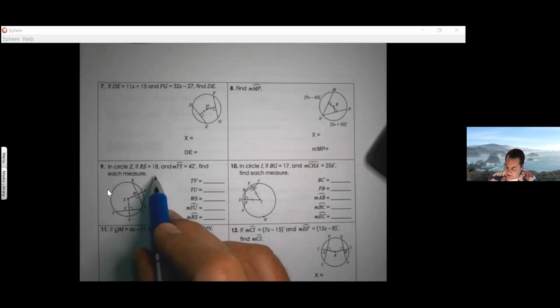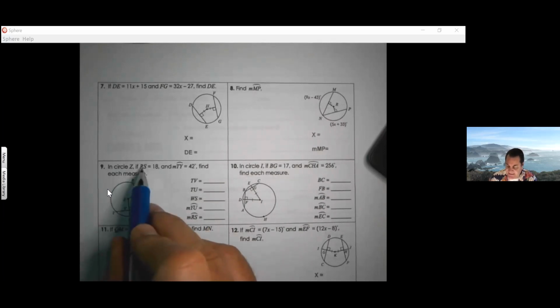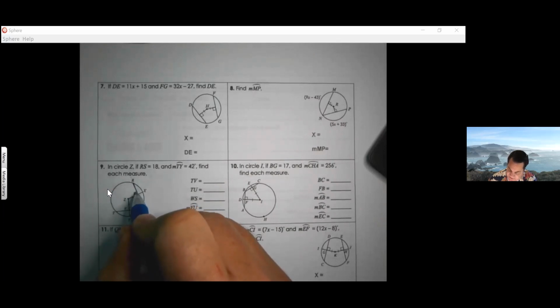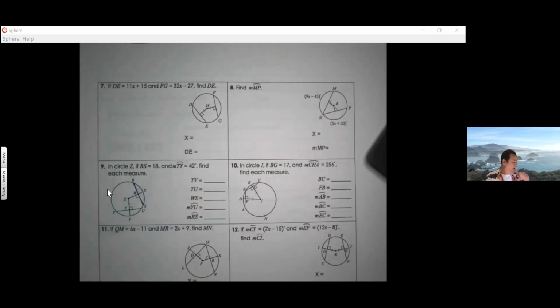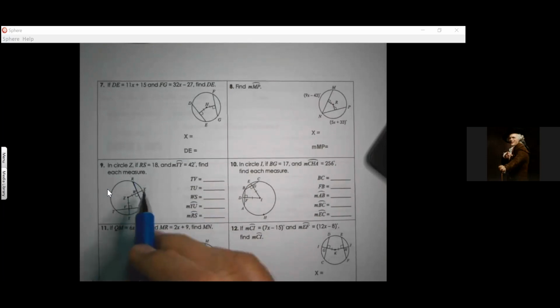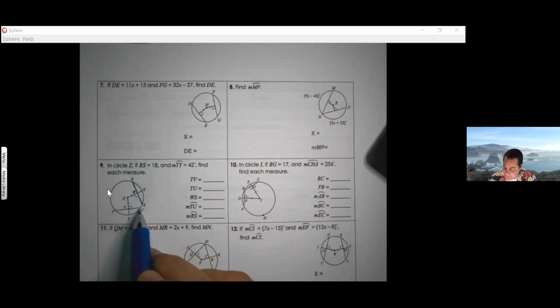They tell us that RS is 18, and there's no symbol over it. So that tells me that I have to go the straightest route. In other words, that I'm talking about the chord. Pardon me. Yes, sir. Thank you. So if that's 18, what do I see as congruent here?